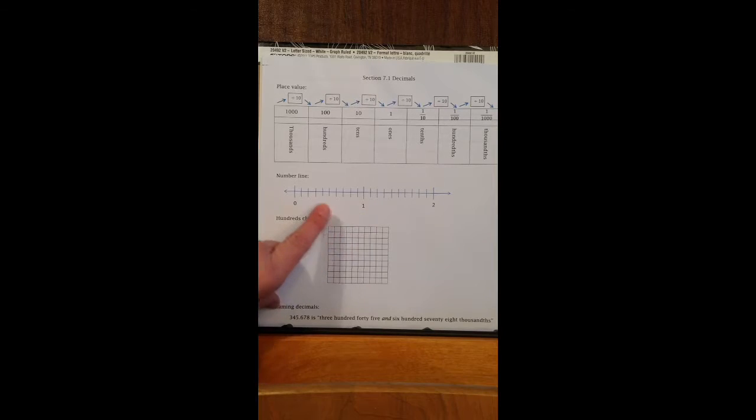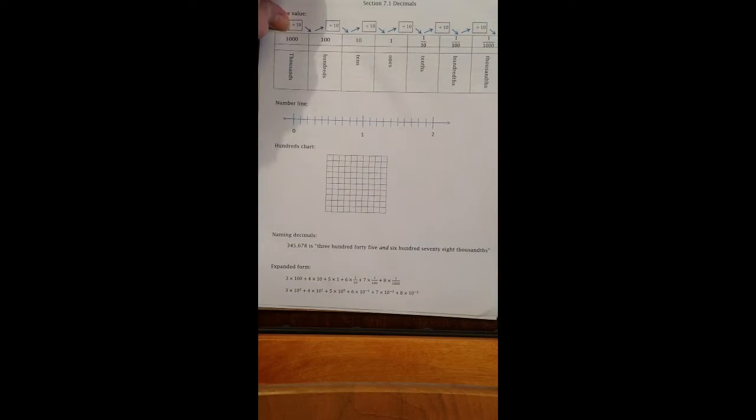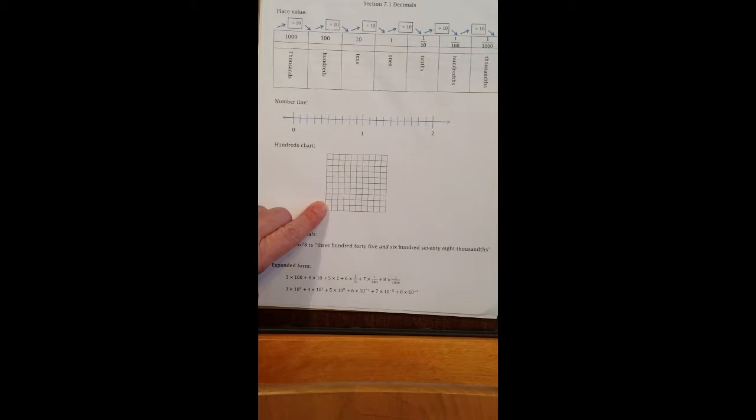And if you decided to break each of these areas into tens, then you would be talking about the hundredths place. But on a number line, that's a little hard to see. So if we're dealing with hundredths, we are going to use a hundredths chart.